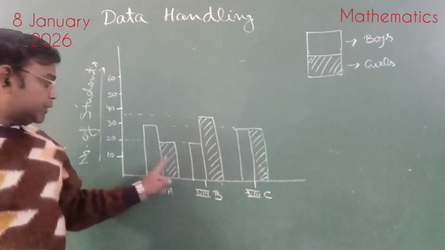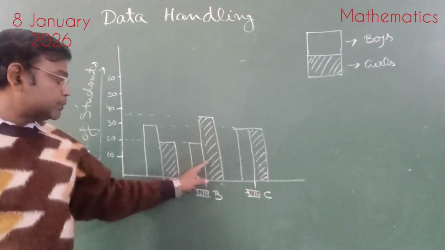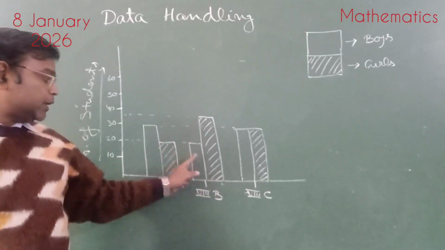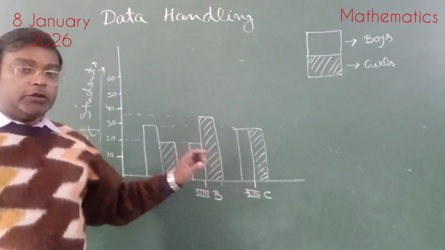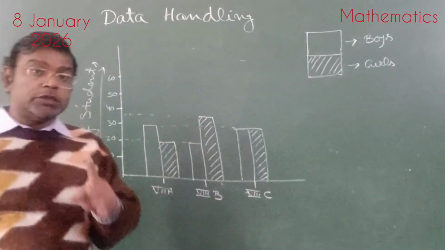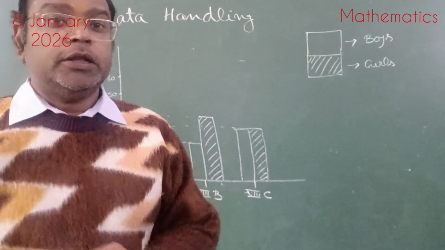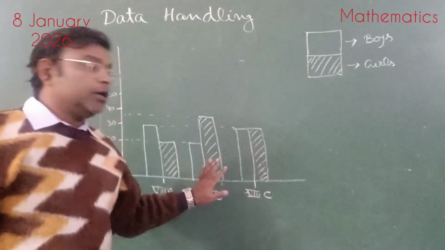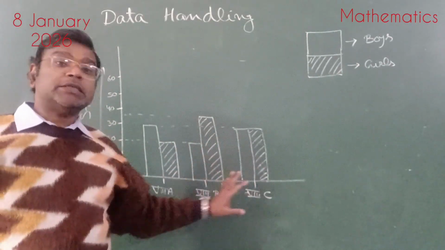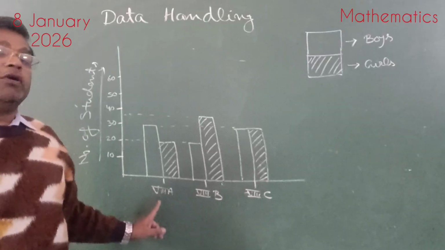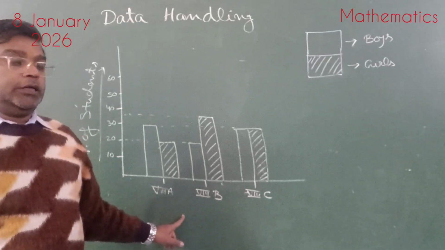Again, you must observe that the widths of bars and the distance between the bars must be equal. You must draw this carefully using your scale. A double bar graph is always used to compare two things of the same type for two different sets of data.